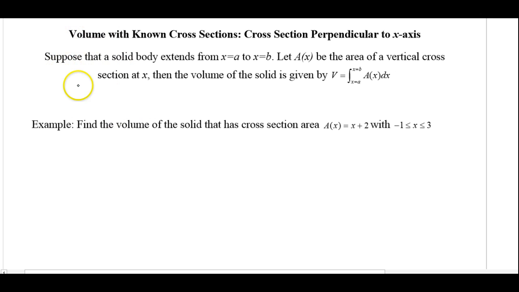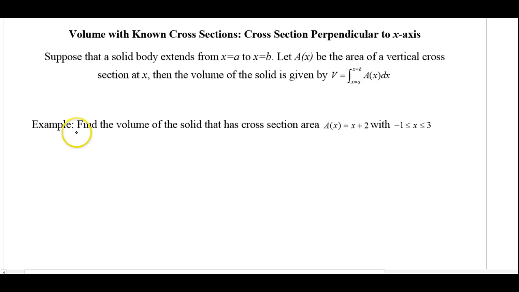Alright, so this on the top is just a repeat of the formula that we just took a look at. So if we have a body that extends from x equals a to x equals b, my volume formula, provided I know the cross-section, is the integral from a to b of A of x dx.